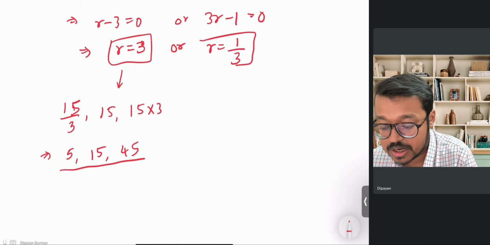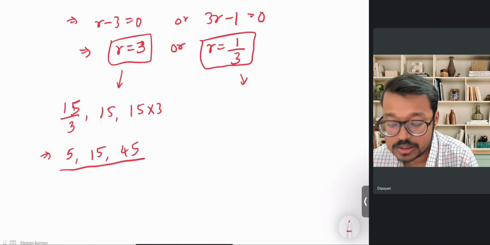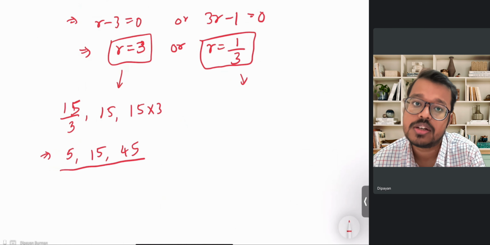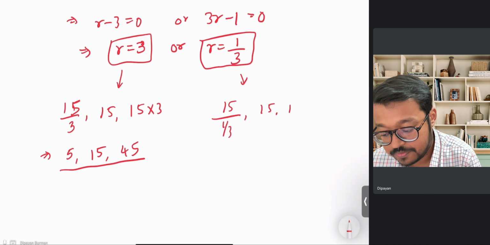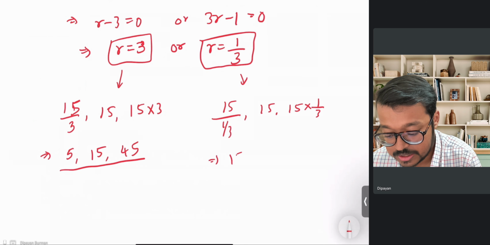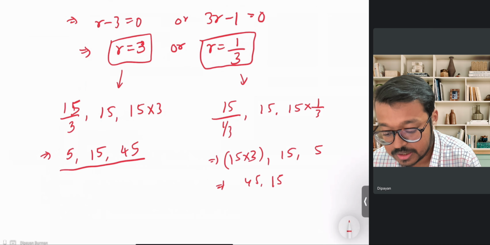But if I had taken R equal to 1 by 3, then the three numbers are actually in reverse order. We will have 15 by 1 by 3, 15, and 15 into 1 by 3. This is the same as 15 into 3, 15 and 5, which is 45, 15 and 5.